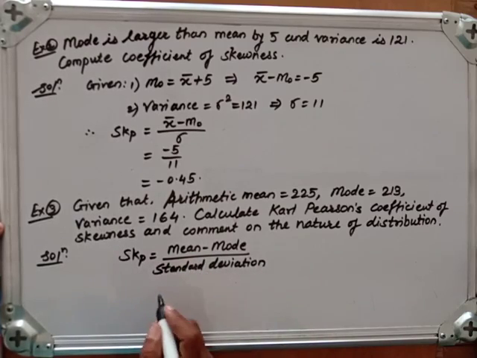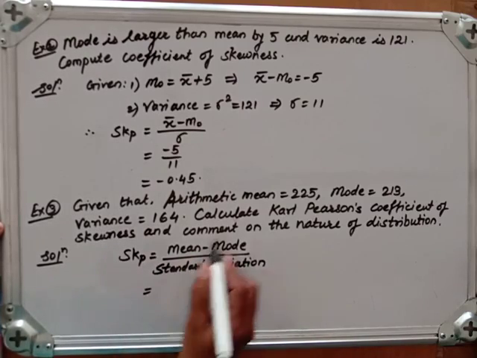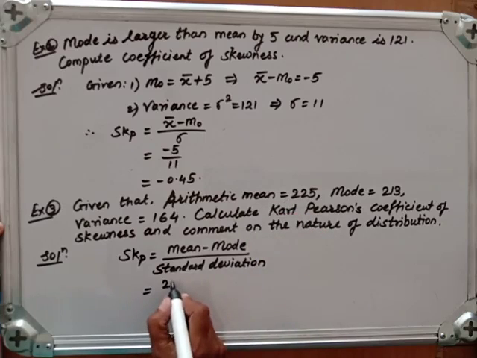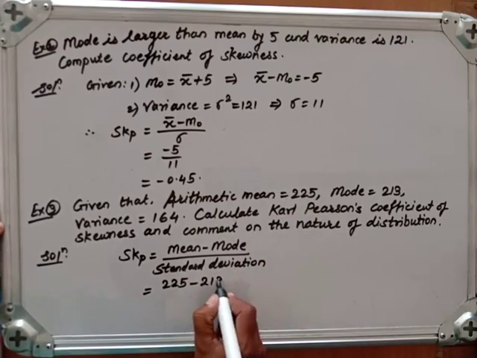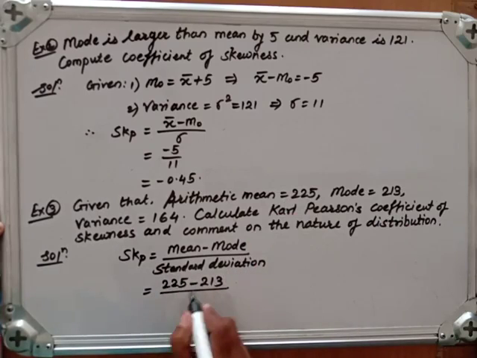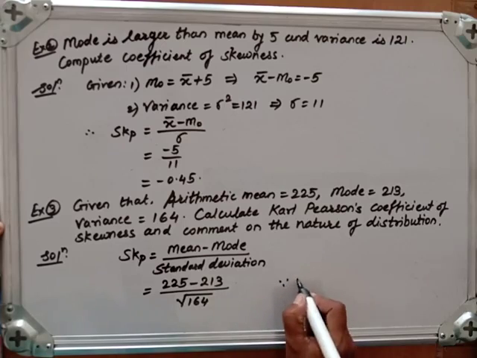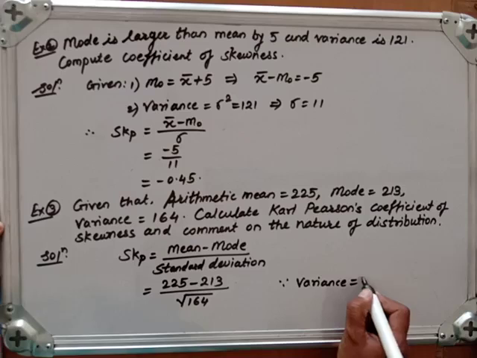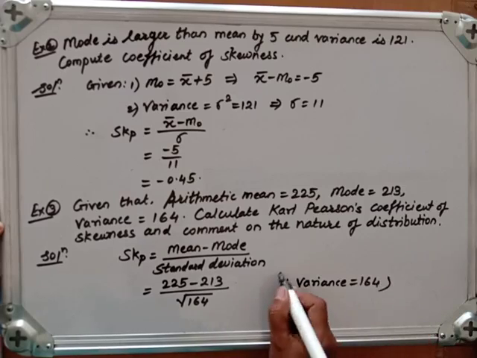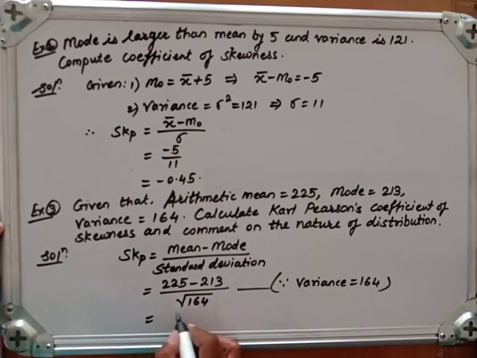Now we have the value of mean, 225, minus mode 213. And you know standard deviation is nothing but the square root of the variance. So square root of 164, since variance is 164. Now let us simplify it.